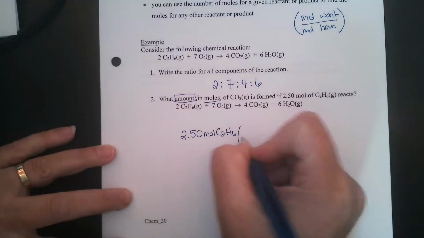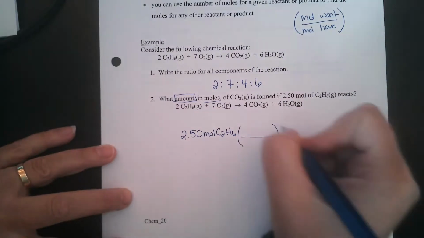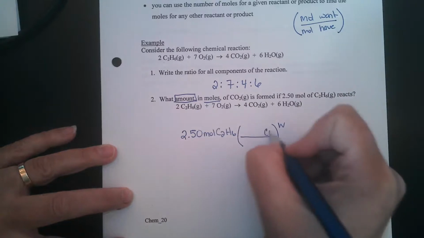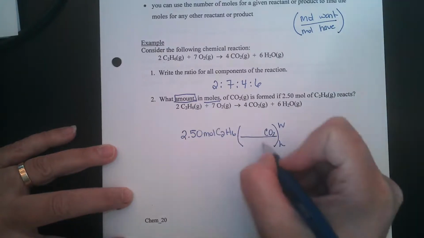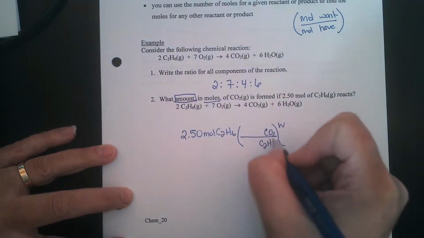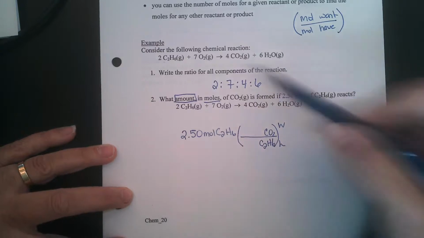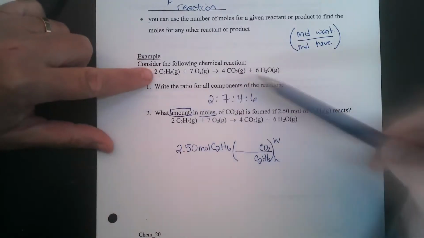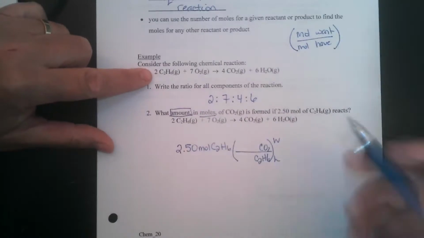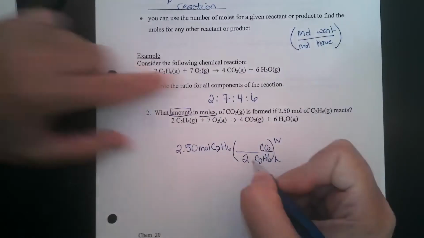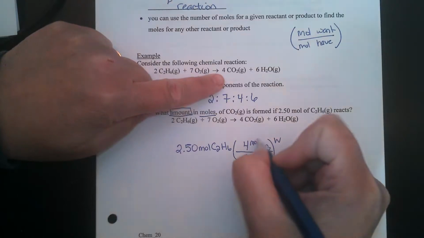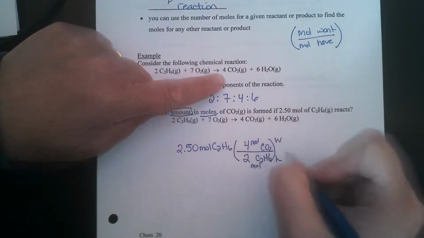So 2.5 moles, it's asking me for moles of CO2. So I'm going to put CO2 up here, and I have C2H6. When I go back to my reaction, I see that I have 2 moles in this reaction of ethane, and I have 4 moles of carbon dioxide. So this is what we're talking about when we're talking about a mole ratio.